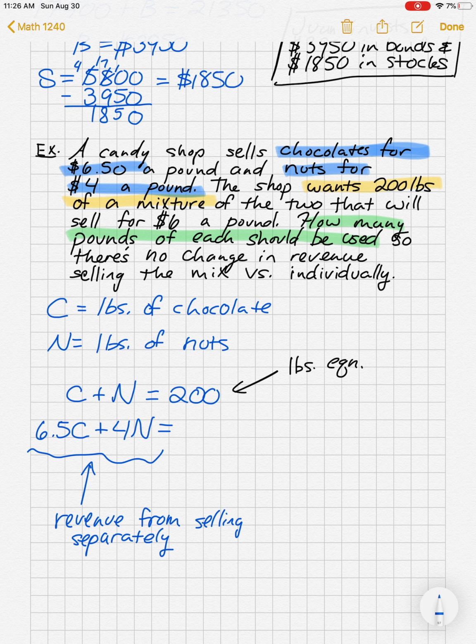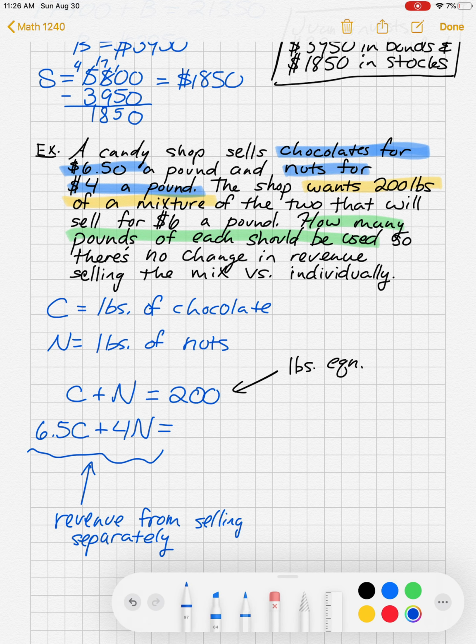Did I get that right? I think that's actually an E. No, I got that right. Okay. Anyway, so then what is the revenue from selling the mixture? Candy shop sells the chocolates for $6.50 a pound, the nuts for $4 a pound. The shop wants 200 pounds of a mixture of the two that will sell for $6 a pound.